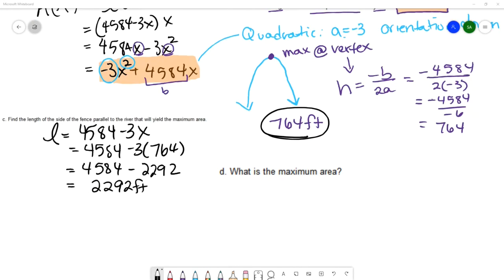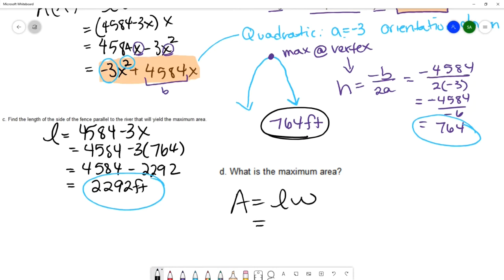So for our final part, we want to know the maximum area. We just found the width that should yield the maximum area and the length that should yield the maximum area. So let's calculate area as length times width. That is 2,292 times 764.